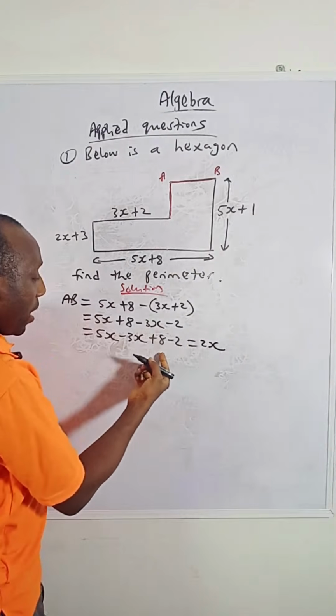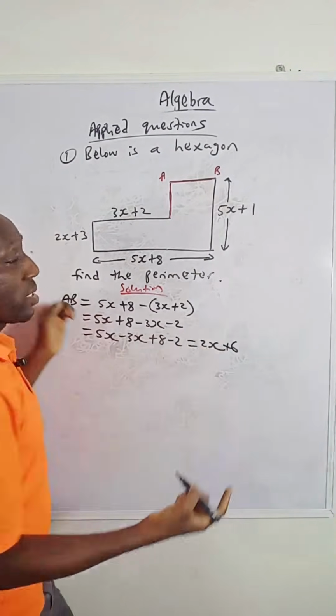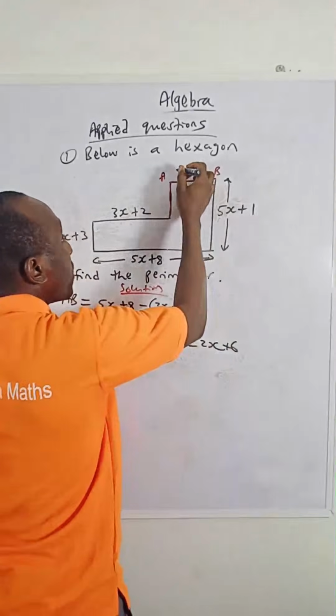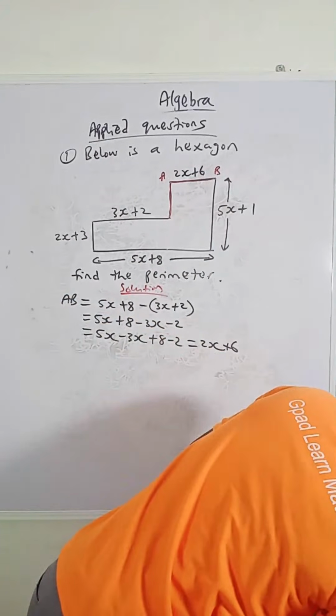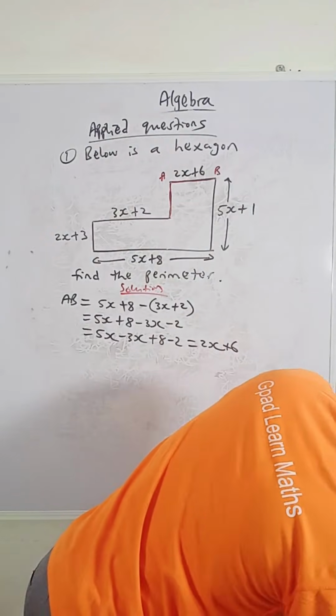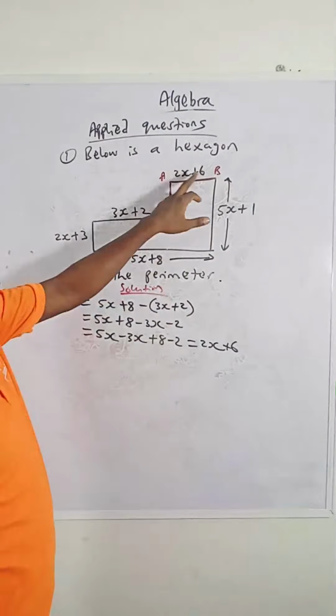That's 2x. And 8 minus 2 is 6. So we have 2x plus 6 as AB from A to B. So let's just write 2x plus 6 here. Is this clear? Okay. So that is that. We've gotten AB from A to B.